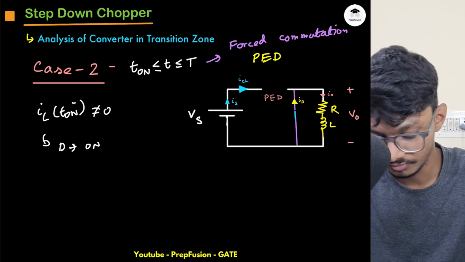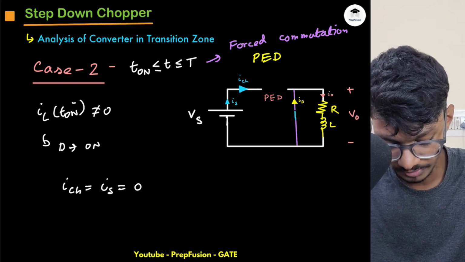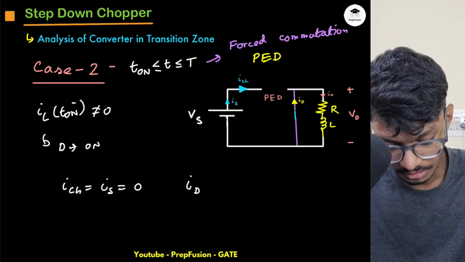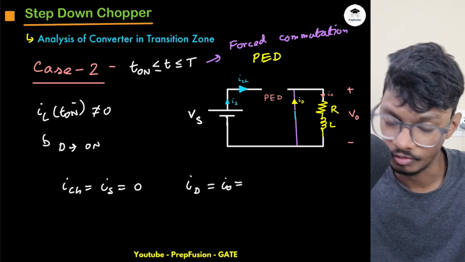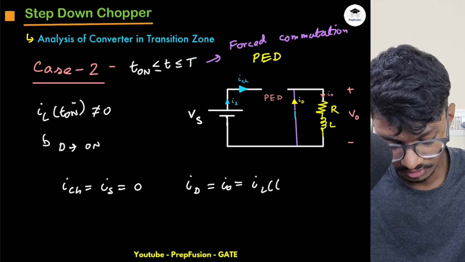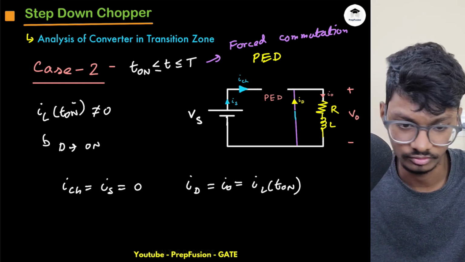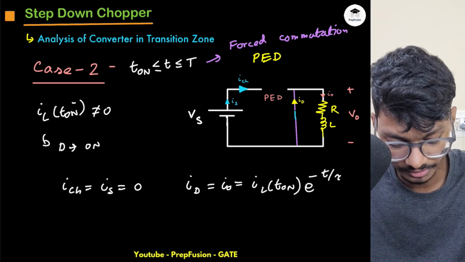Basically, the inductor will discharge. So my chopper current, the source current, will be 0 in this period, but my diode current, which equals my output current, will follow an exponential relation again. It has reached, let's say, IL of T on value. I don't know what the value IL of T on is, and then it decays as e raised to the power minus T upon tau.